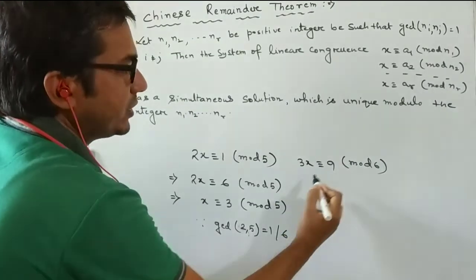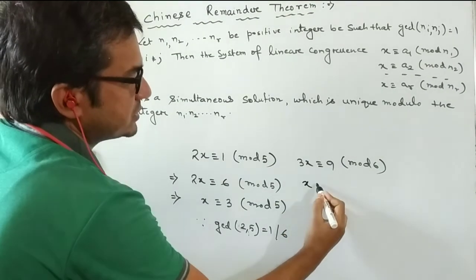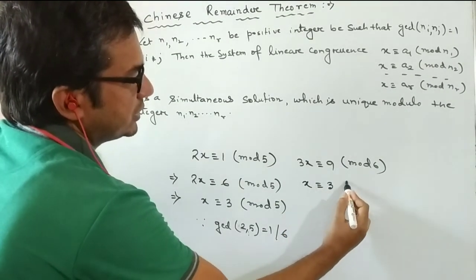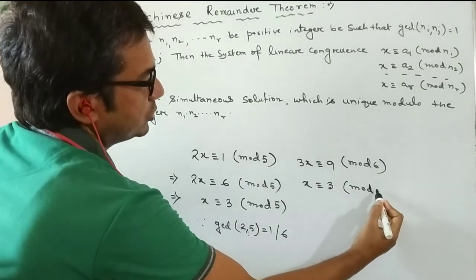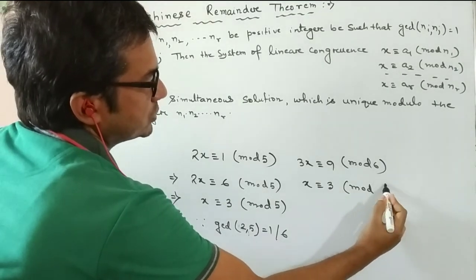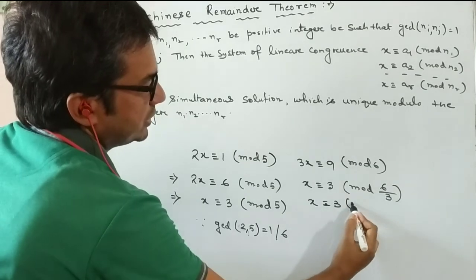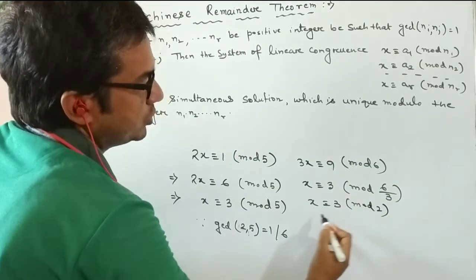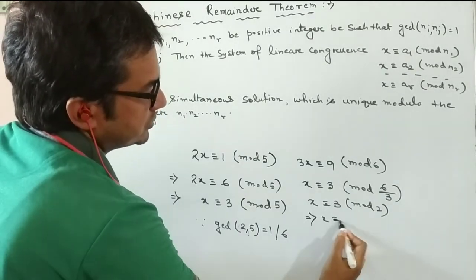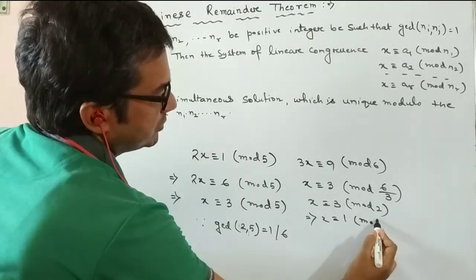And from here we get x congruent to 3 mod 6 by 3, that is x congruent to 3 mod 2, that is x congruent to 1 mod 2.